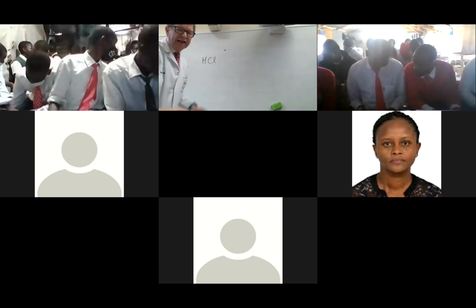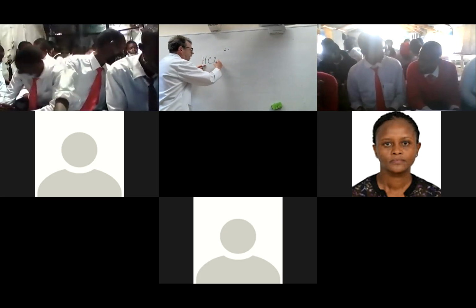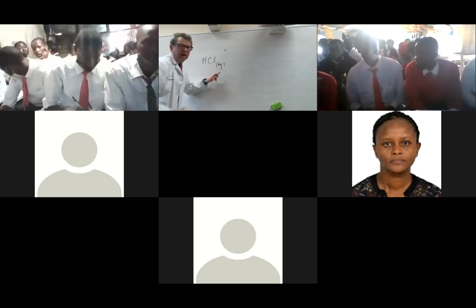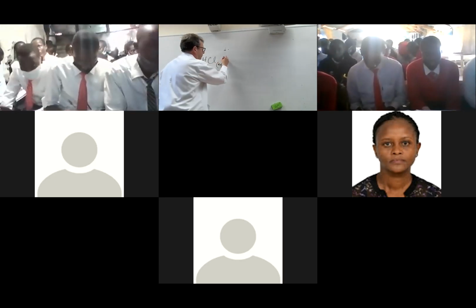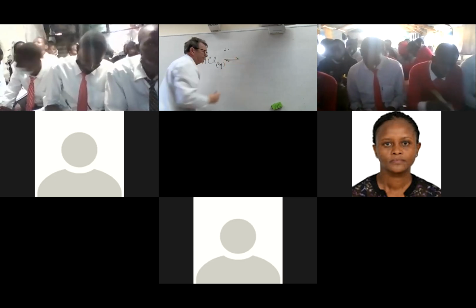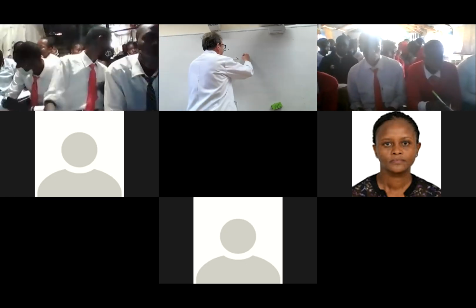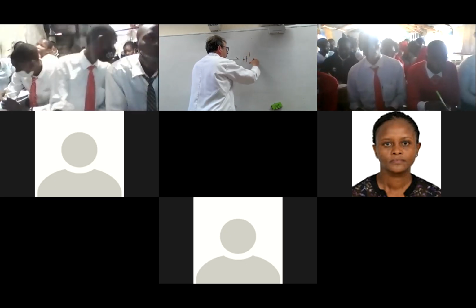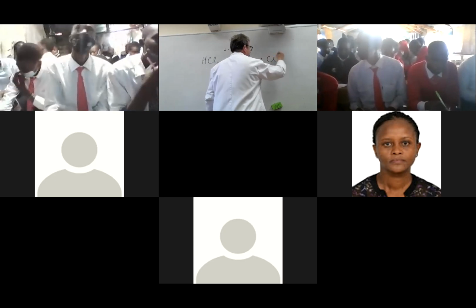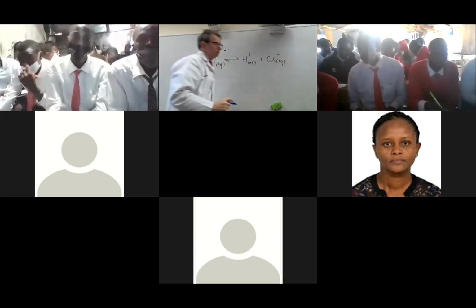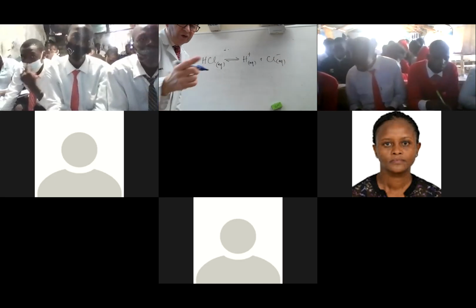Here we go. All right, the first thing is, if I have an acid like hydrochloric acid, when it is in aqueous solution, in water, it splits up. But it splits up reversibly. So it splits up to make H plus and Cl minus. The next acid also does this.